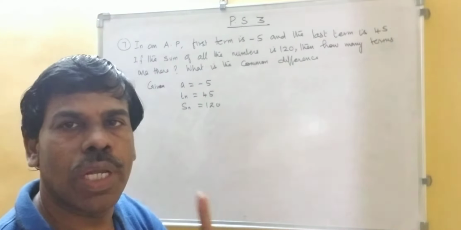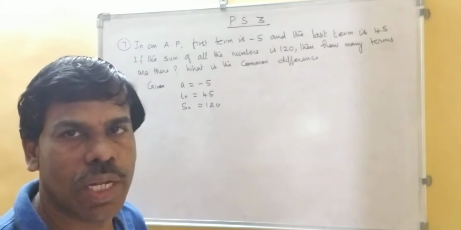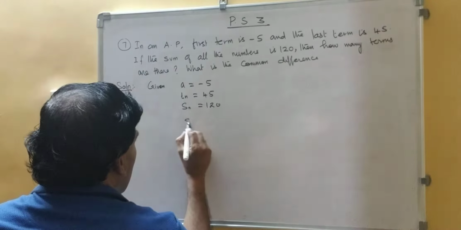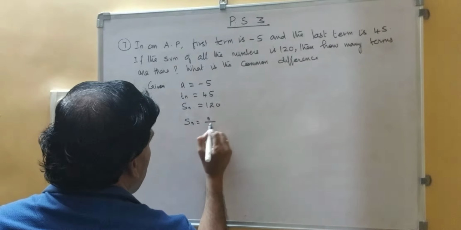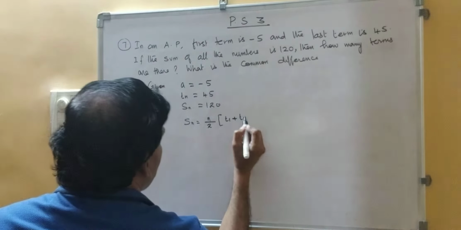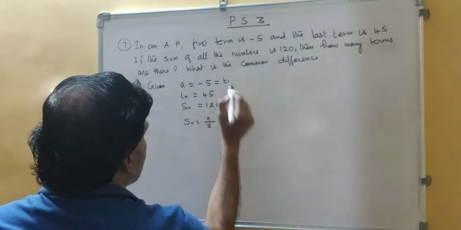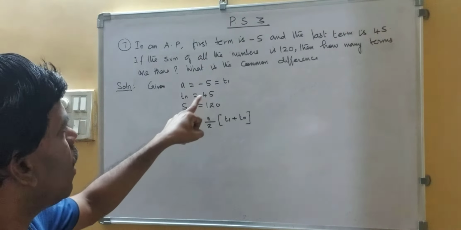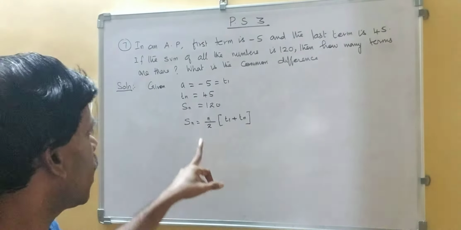One is n by 2 into 2a plus n minus 1 into d. The other formula is Sn equal to n upon 2 into T1 plus Tn. T1 is given, Tn is also given, so you can find it.